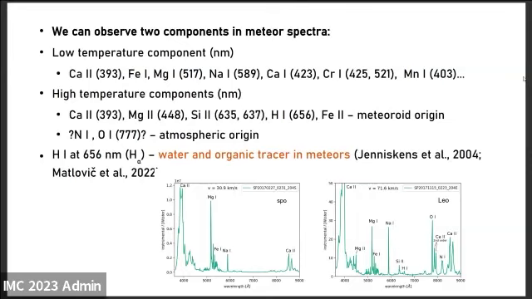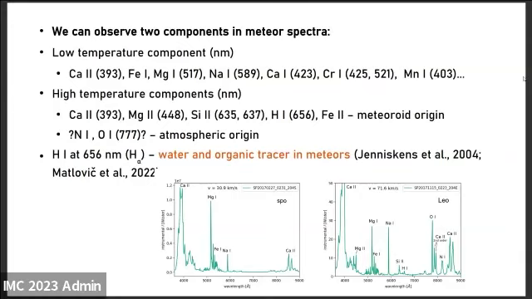What especially interests us in the high temperature component is the hydrogen line, because, as you might have heard before, it's a potential tracer of water and organics in the meteoroids. This component can be observed only on high speed meteors, and its contribution is only up to 5% maximum of all the light from the meteors.